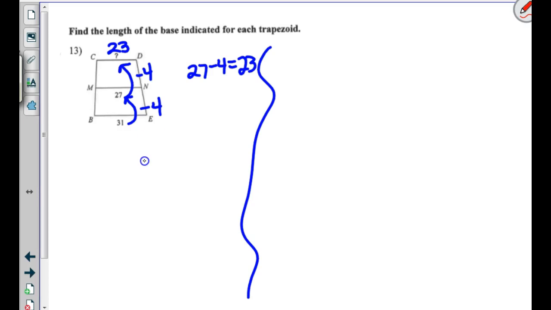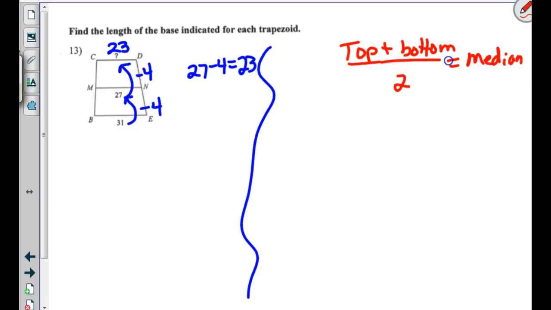Your geometry teacher may have taught you the algebra, okay? And that's that the top plus the bottom divided by 2 is supposed to be the middle or the median. Well, we'd have x plus 31 divided by 2 equals 27.